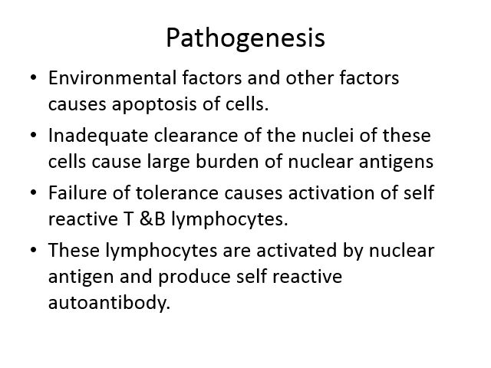I already discussed tolerance, and the reactive T and B lymphocytes produce antinuclear antibody, the antibody against nuclear antigen, and these antibodies react with the nuclear material of the apoptotic cells.